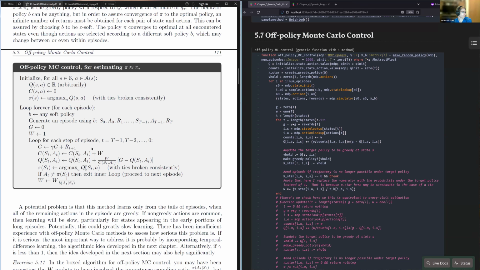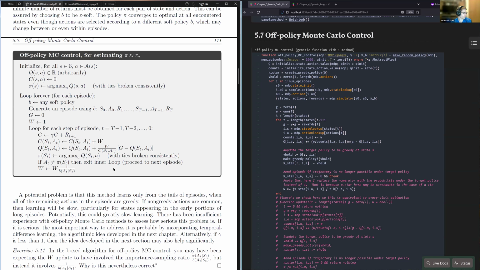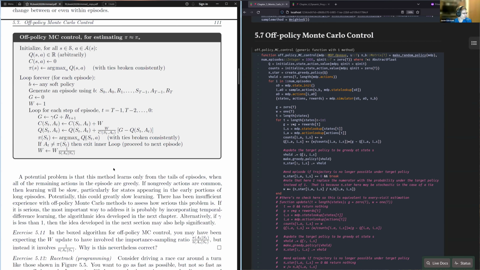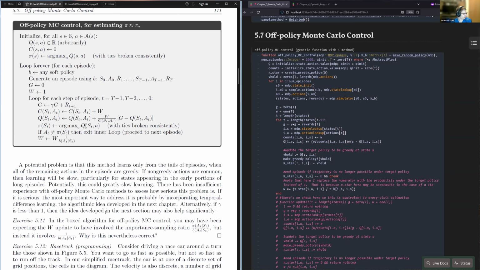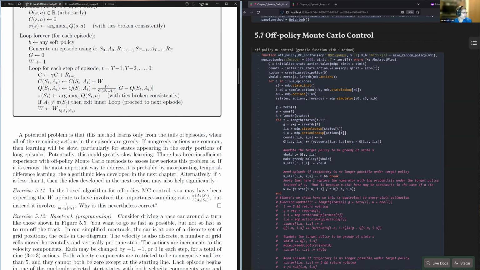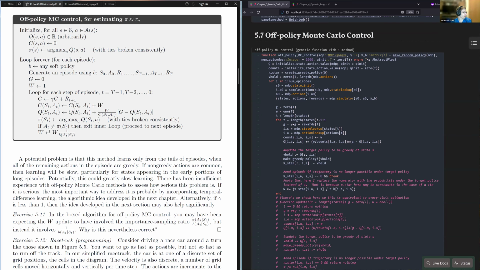So here it's showing weighted importance sampling because that has lower variance. And we just have to make sure that we collect enough episodes for it to work. There is this question here where we update the importance weight. Notice that in the numerator, there's a value of 1 instead of the probability of the target policy.